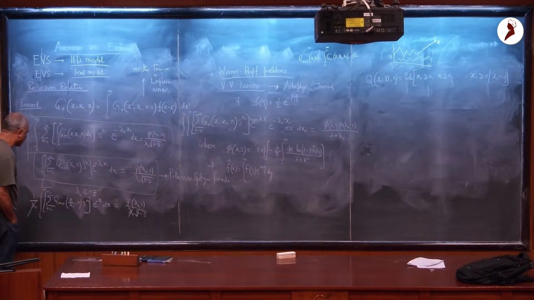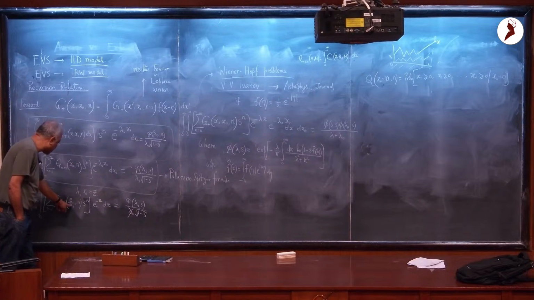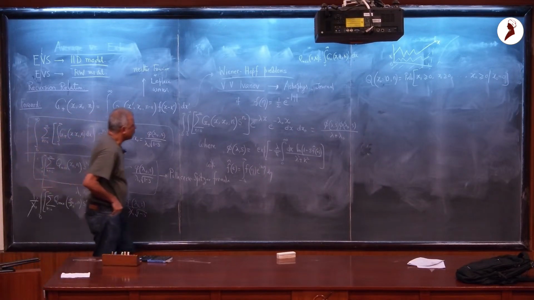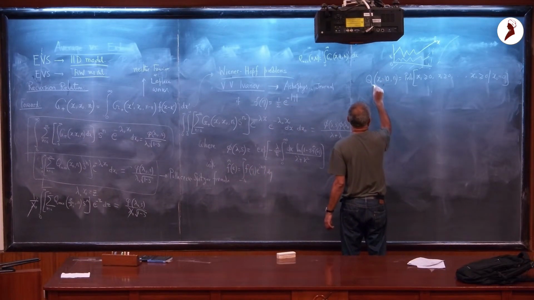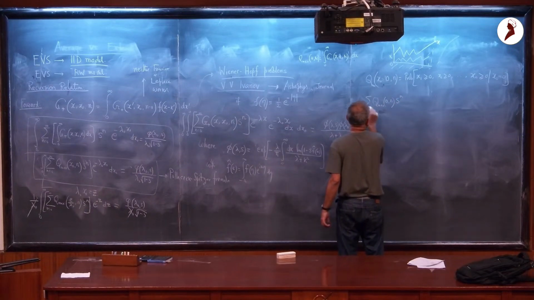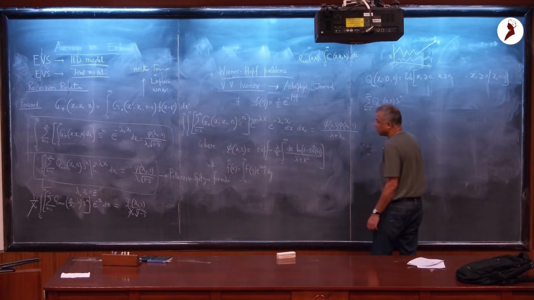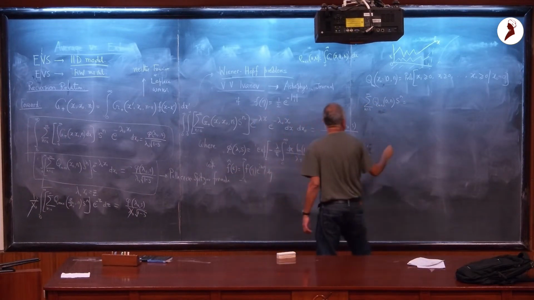And now you take lambda naught going to infinity, keeping z fixed. If I take lambda naught going to infinity, this argument goes to 0. So that gives me Q max of 0n. If I start at the origin, you have to take the lambda naught going to infinity limit of this.